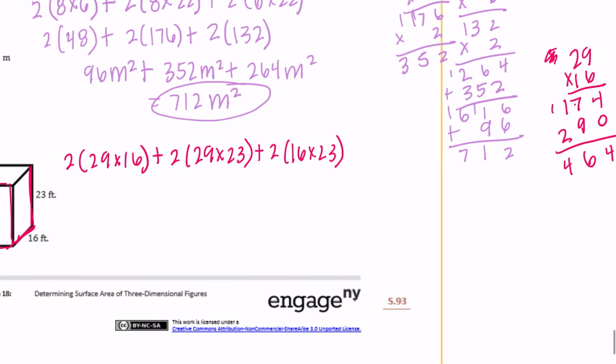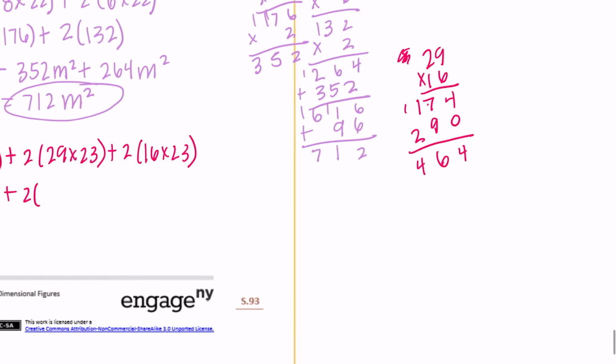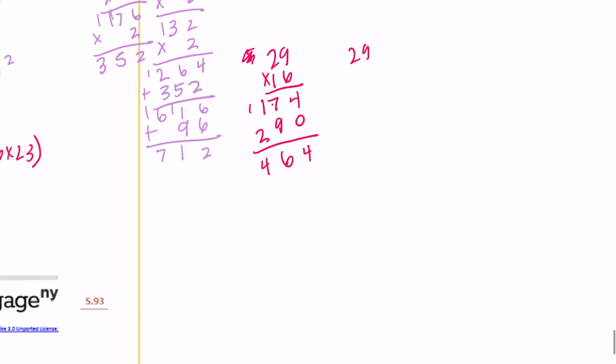So that's 2 groups times 464, plus 2 times 29 times 23. 3 times 9 is 27. 3 times 2 is 6, plus 2 is 8. Put our 0 down. 2 times 9 is 18. 2 times 2 is 4, plus 1 is 5.